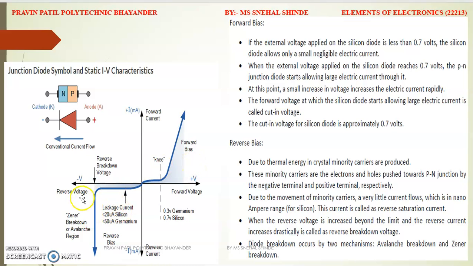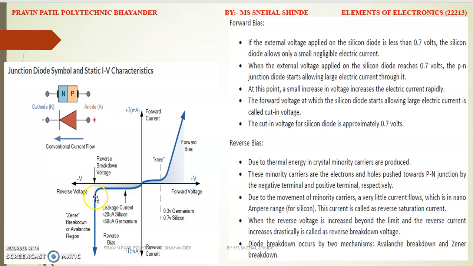Now in the reverse voltage, on the x-axis reverse voltage is there. On the y-axis reverse current is there. So at the start the reverse current is of the minimum amount, that is called the saturation current, till the reverse breakdown voltage.